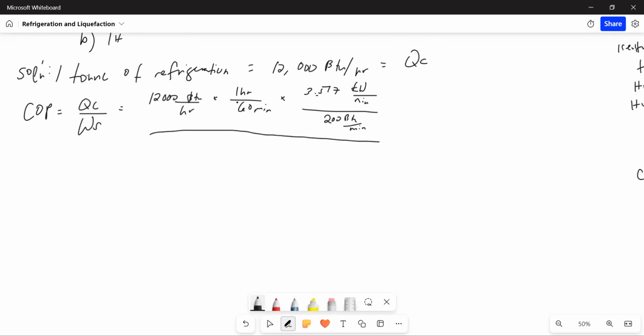Work shaft, which is 1.3 kilowatts. This would cancel. 1 hour is 60 minutes.